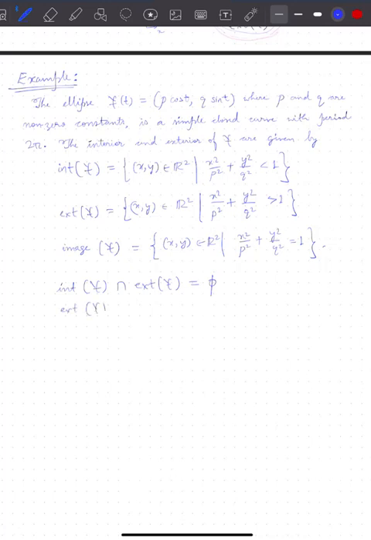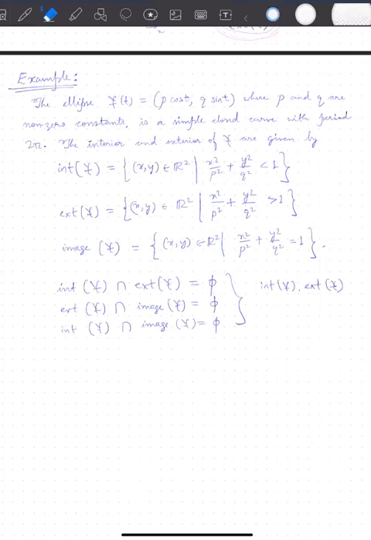The exterior of gamma vector with the image of gamma vector is also phi; there are no points of intersection. And the interior of gamma vector with the image of gamma vector is also phi. So this means that the interior of gamma vector, the exterior of gamma vector, and the image form a system.